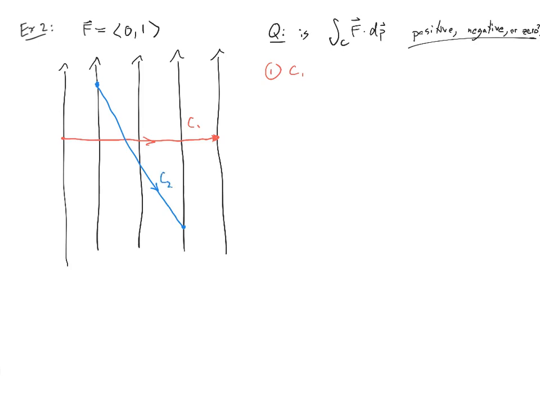So here's C2. And then for C3, I'm going to go the other way. Let's go like this: endpoint, starting point, C3.